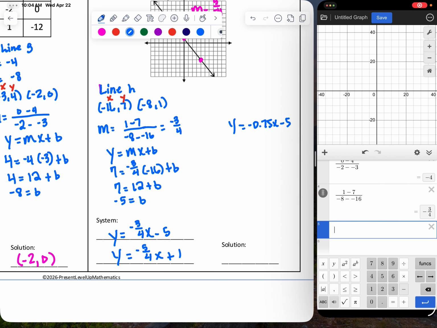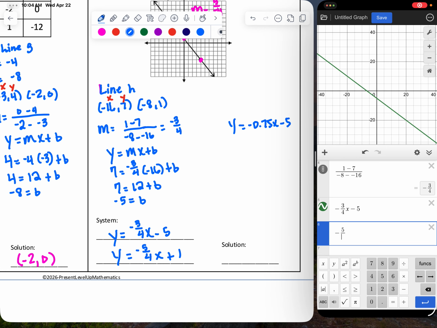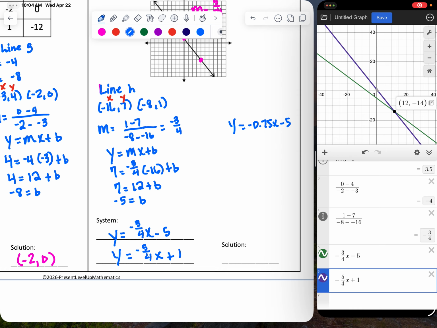So negative 3 over 4 x minus 5, and then negative 5 over 4 x plus 1, and I found their intersection point to be 12 comma negative 14.